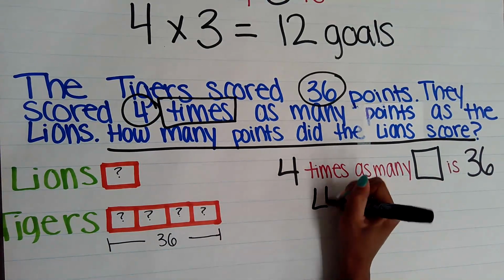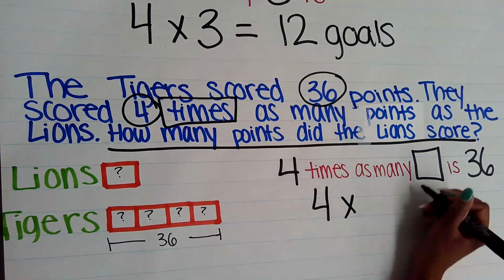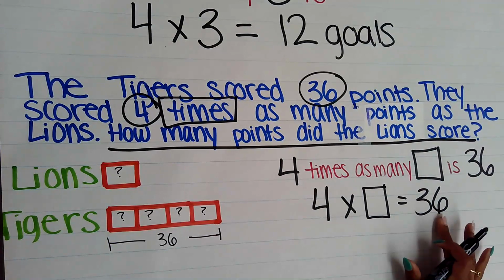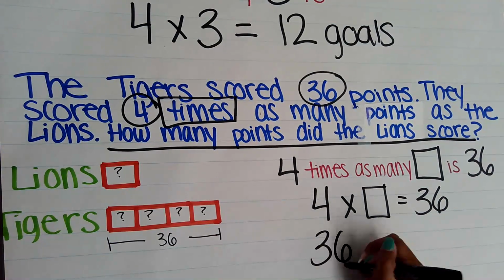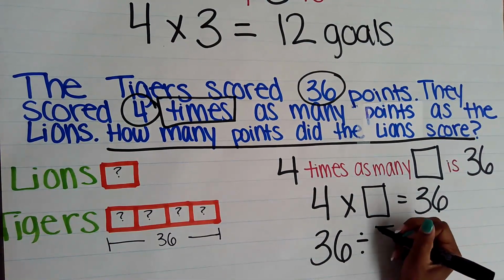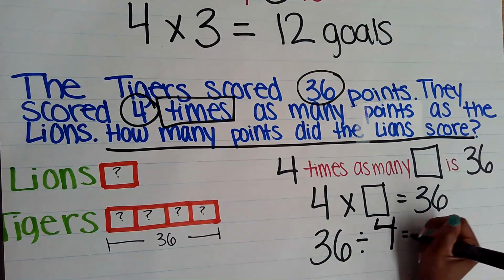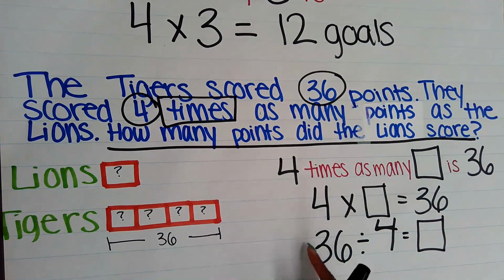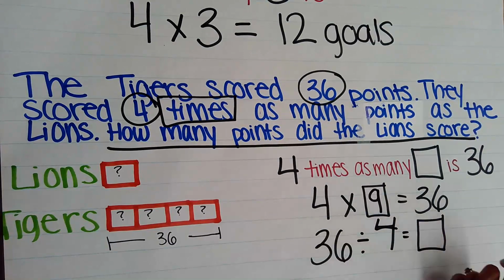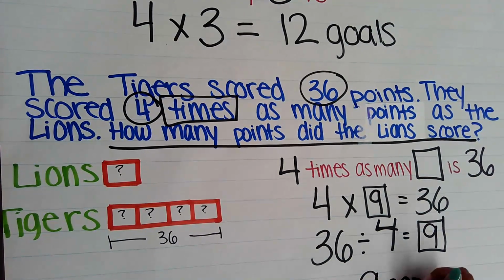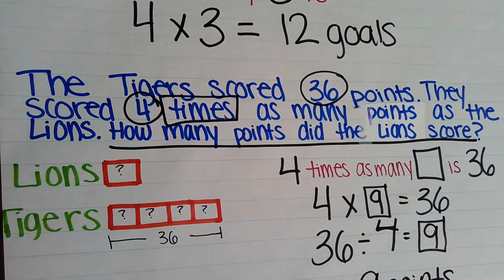So if I first do 4 times my unknown number equals 36, we know 36 is our total. So I can then use division. 36 divided by 4 is also going to give me my unknown number. So I know that 4 times 9 equals 36, which would also mean 36 divided by 4 gives me 9, which means the Lions had a total of 9 points.